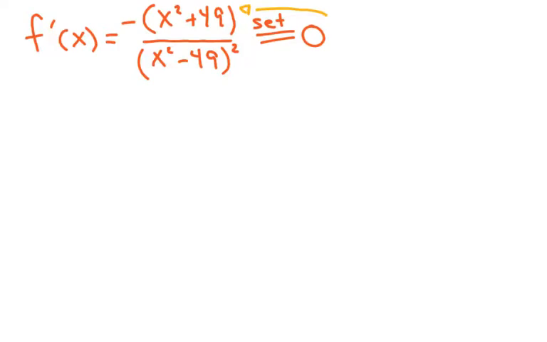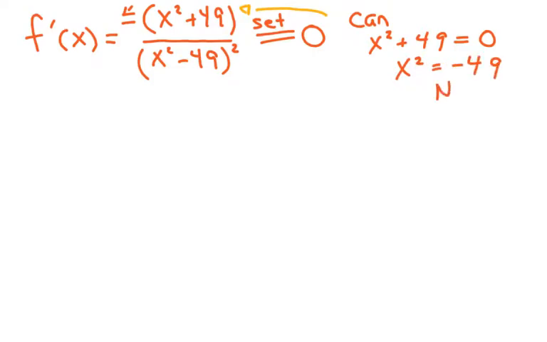This here is just a constant out in front, minus 1. So what we really want to know is, can this equal 0? Well, look what happens if you try to solve this. There is no real number that you can square and get a negative result. So the derivative has no zeros.